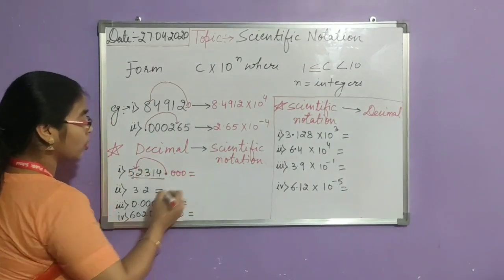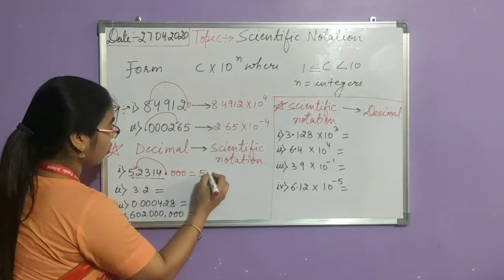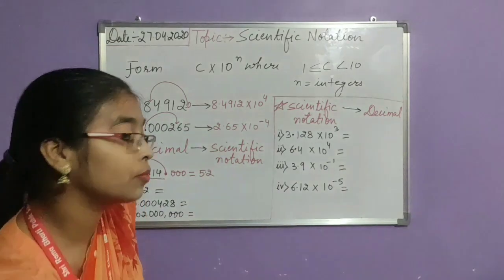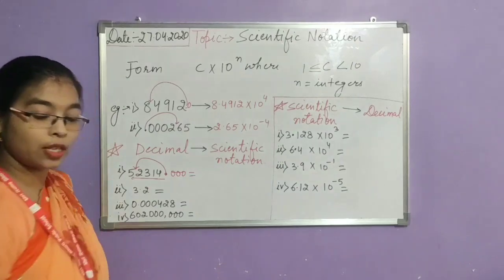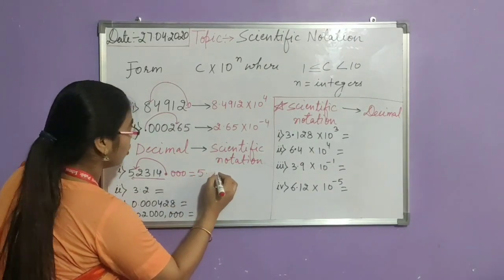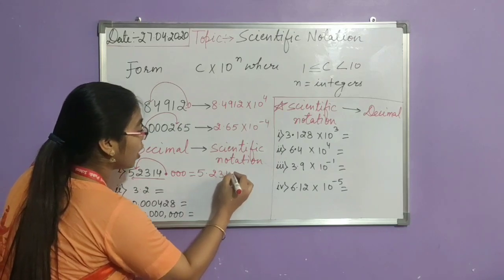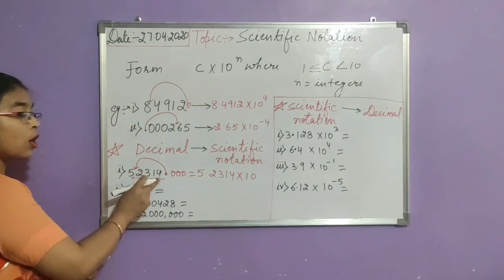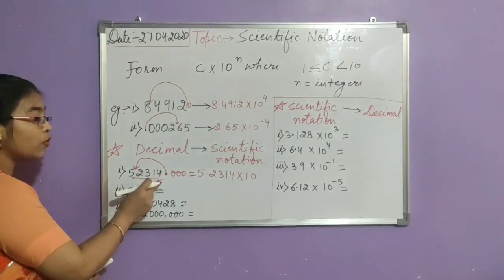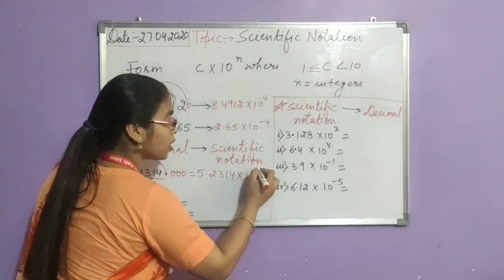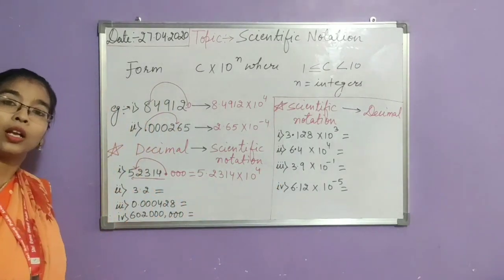And this is equal to 5.25314 into 10 raised to the power, how many digits have we crossed? 1, 2, 3, 4. So here 10 raised to the power 4 will come.